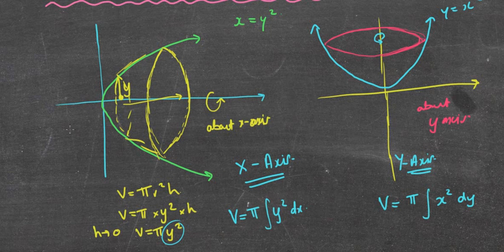So what you need to remember is that when you're finding volume, instead of the integral of x dy or y dx like we've been doing before, it's pi times the integral of y squared or pi times the integral of x squared, depending on whether you're rotating about the x-axis or the y-axis.